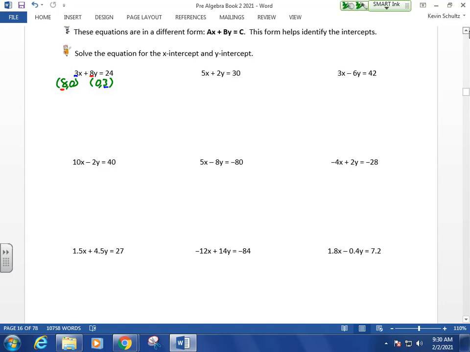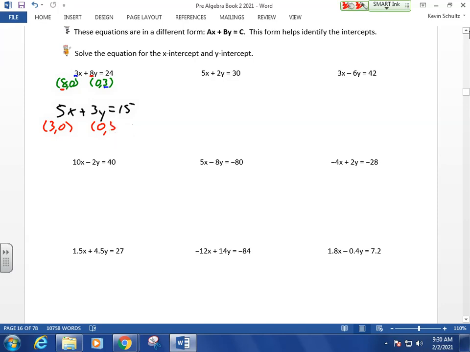But another example of one that's going to work out very nicely like this would be something like 5x plus 3y equals 15. If you solve this to find the x-intercept and the y-intercept, you will find that the x-intercept is going to be (3, 0), and the y-intercept is going to be (0, 5). Not (0, 0, 5).